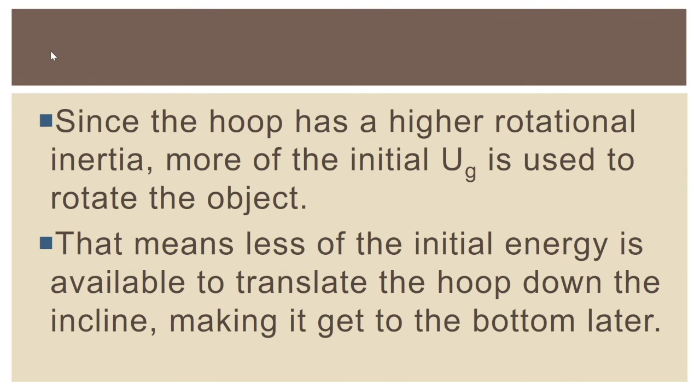Ultimately, what this demonstration is supposed to tell us is that our energy analysis has to work, right? And so if our normal energy analysis would say these objects have the same mass, that means they have the same gravitational potential energy starting at the same height, that means they should make it to the bottom with the same final speed, and they don't, well, then clearly we're forgetting about something.